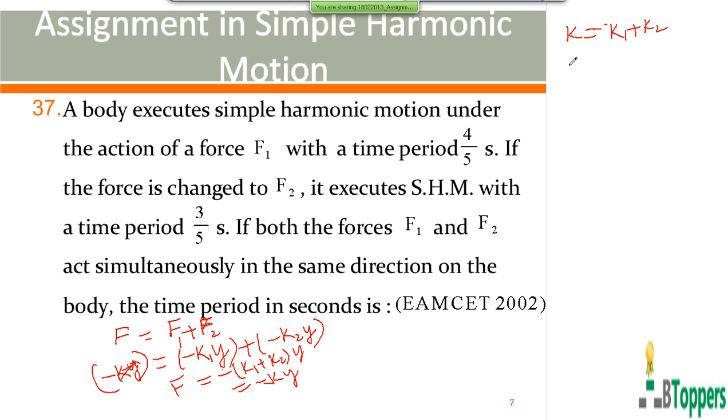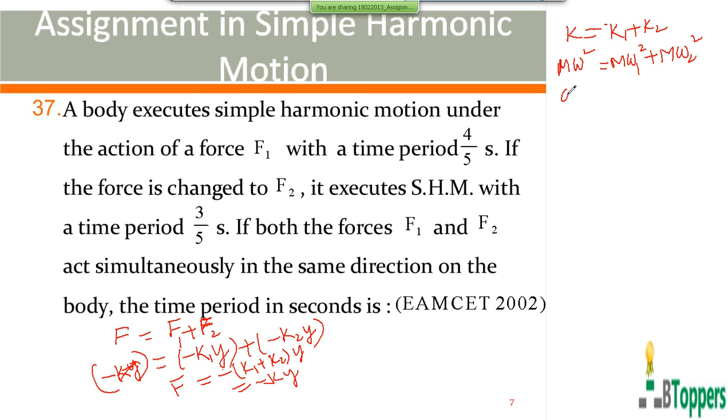So for a body in simple harmonic motion, you can write K equal to M omega square. K1 can be written as M omega 1 square. K2 can be written as M omega 2 square. K can be written as M omega square.